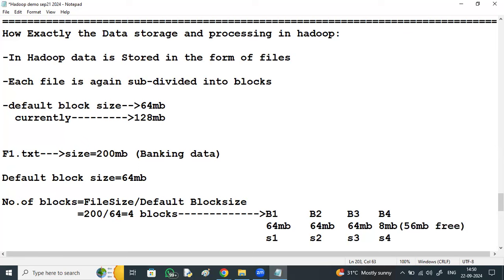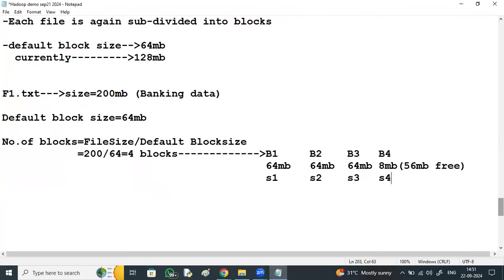The 4 blocks B1, B2, B3, B4 are stored across S1, S2, S3, S4.